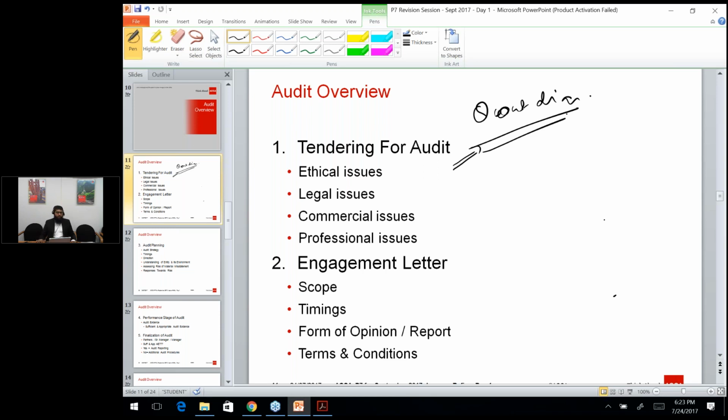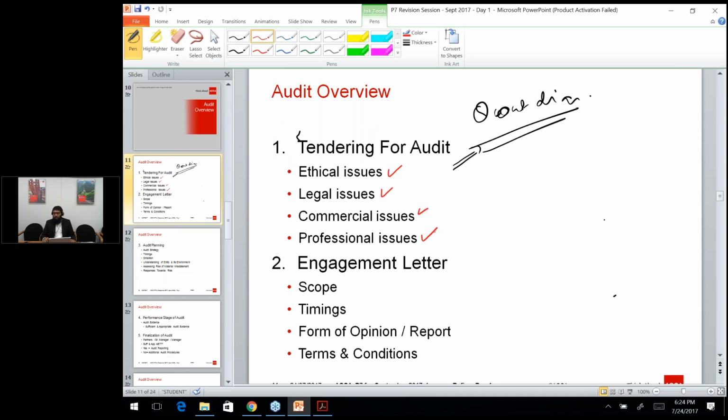And what are those various aspects? You need to consider the various ethical issues, legal issues, commercial issues, and professional issues. These are the issues that you need to consider before you go ahead in giving a quotation or bidding for a specific audit.